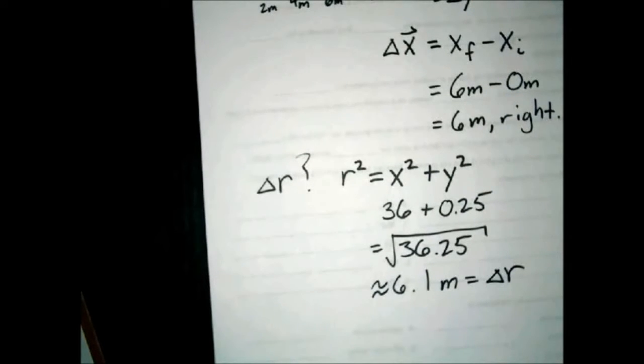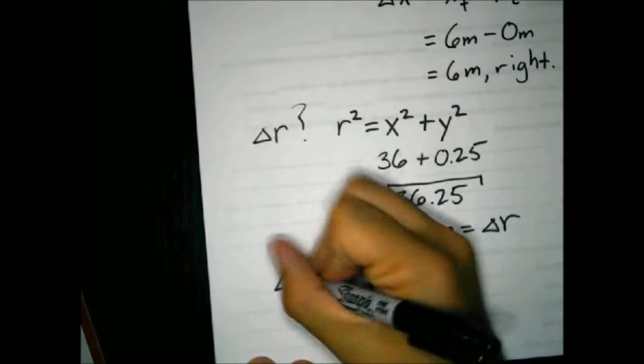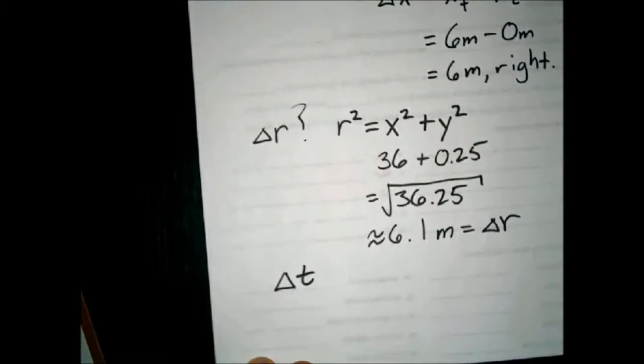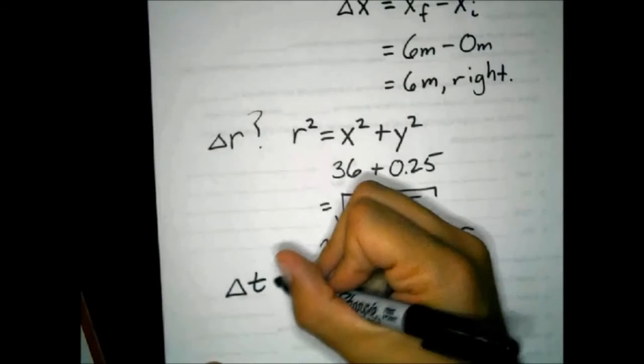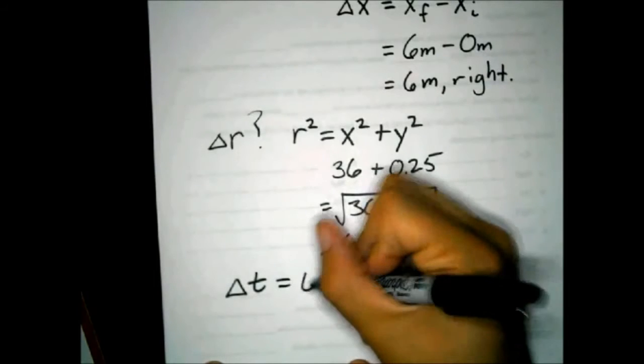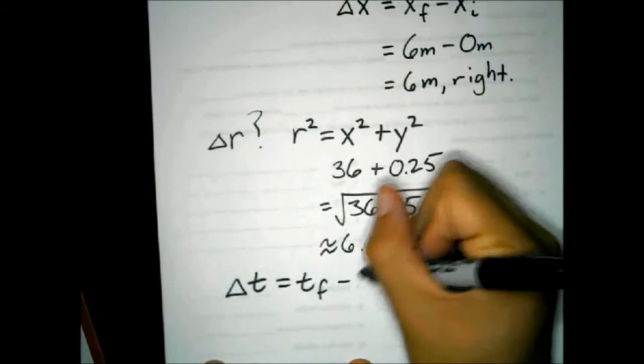So now that that is out of the way, I can look at my time interval. Time interval can be done in a similar fashion. Okay, I want my delta t. Well, it's another delta, so it's just t final minus t initial. Take a look at our original problem.